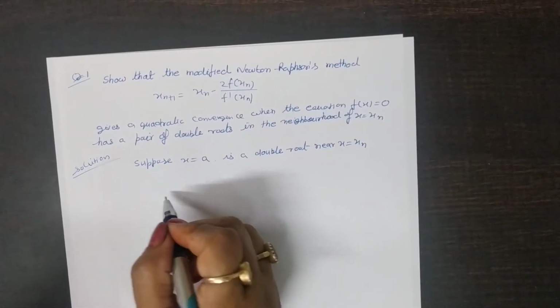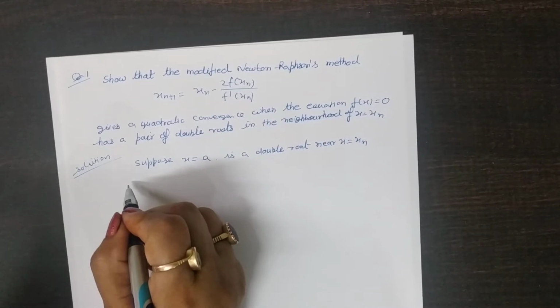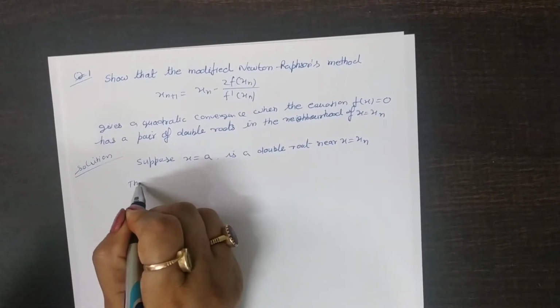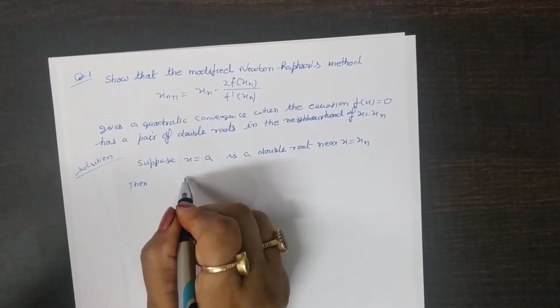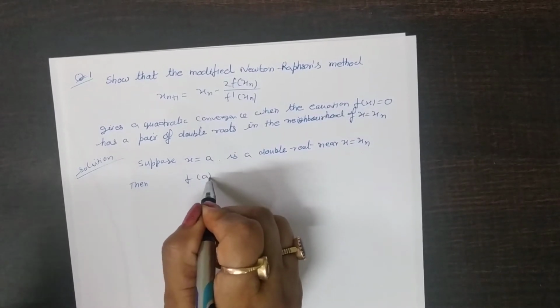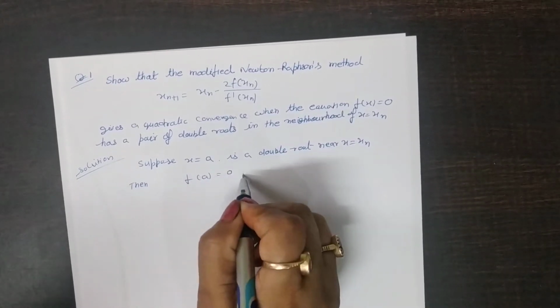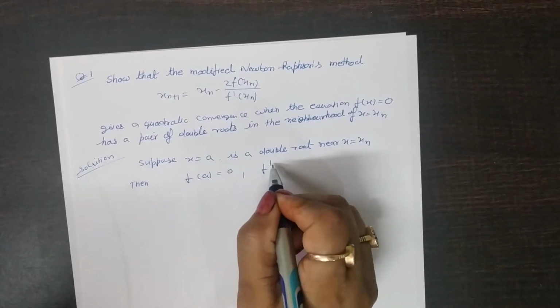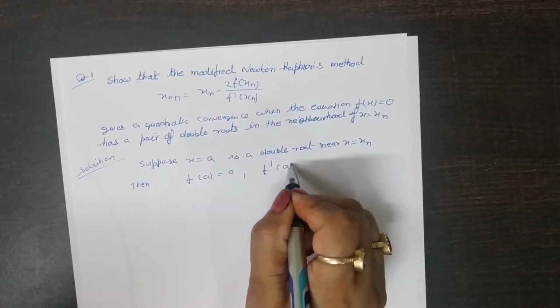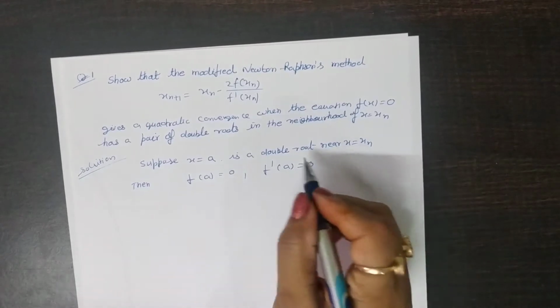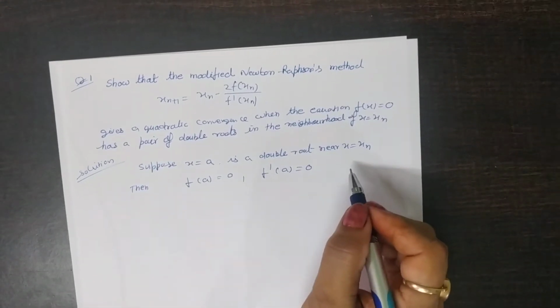Yes, then f(a) = 0 and f'(a) = 0, as we suppose that this is a double real root.